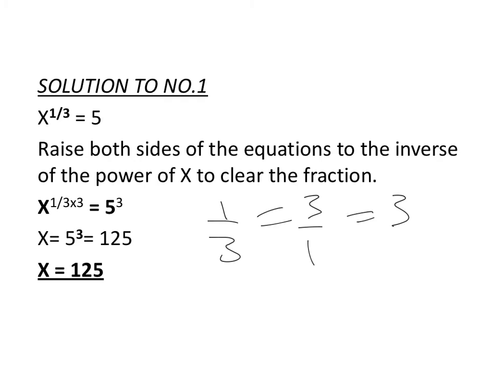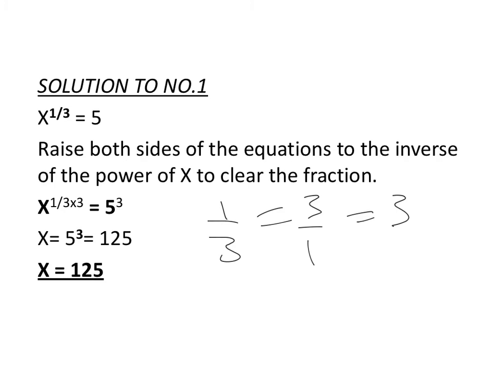So when you raise the power of x raised to power 1 over 3 by 3, you also raise the power of 5 by 3. So we have x raised to power 1 over 3 times 3 equal to 5 raised to power 3. And x raised to power 1 over 3 times 3 is equal to x raised to power 1.